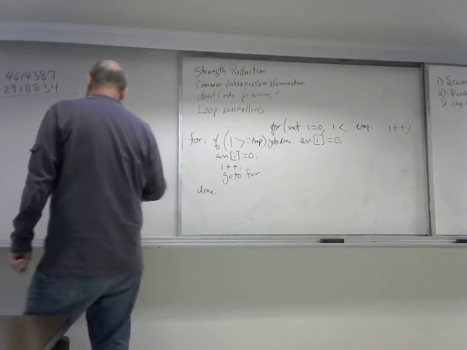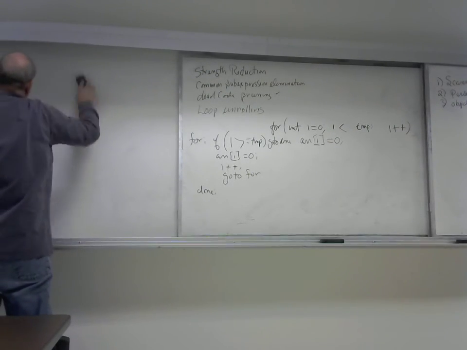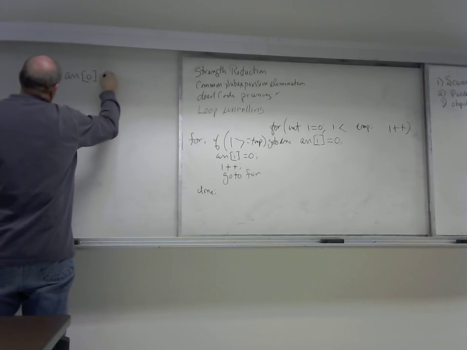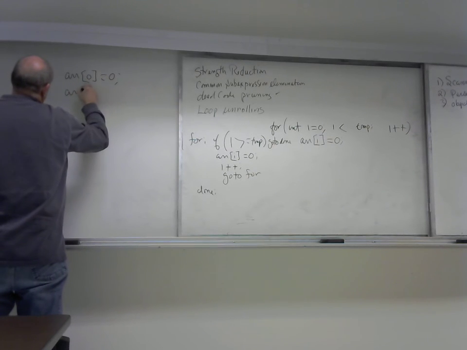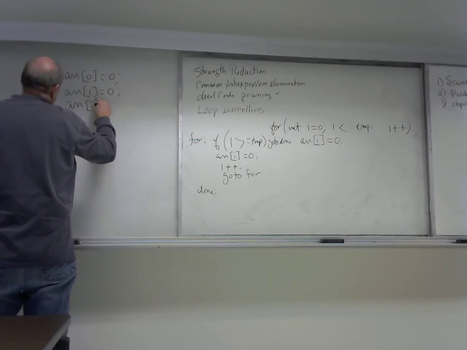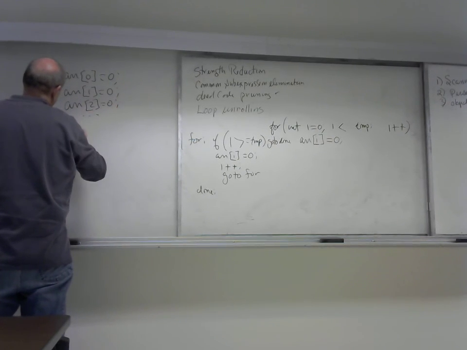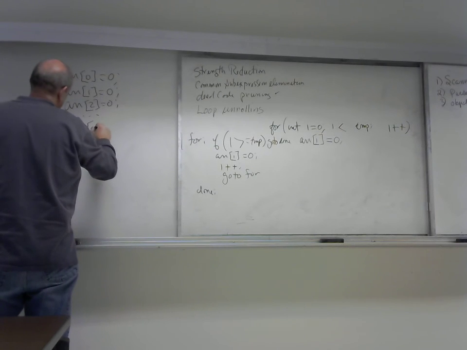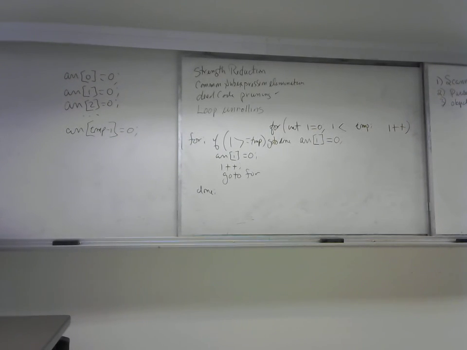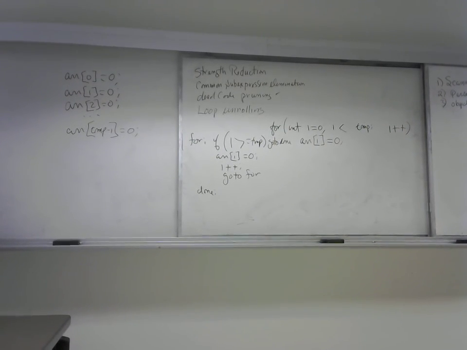So what the compiler in these cases will do is this. If you have 5,000 passes of the loop, you'll get 5,000 instructions inserted.